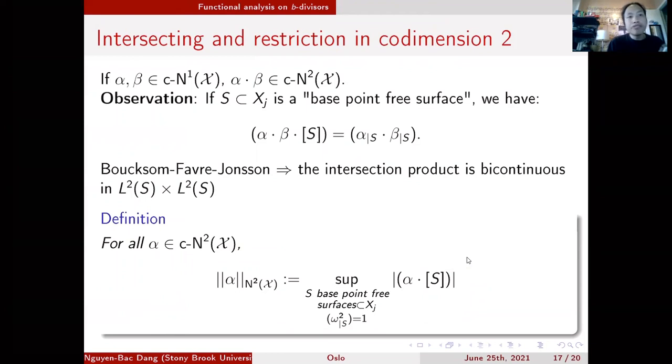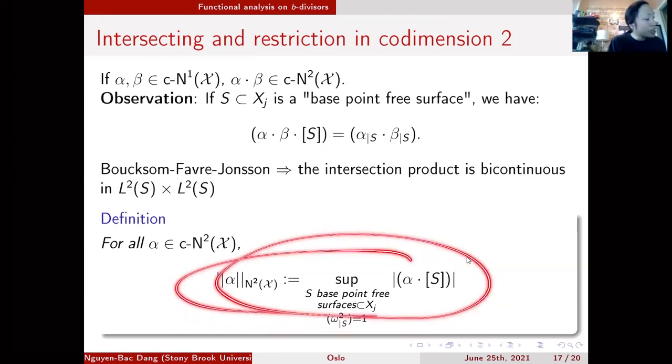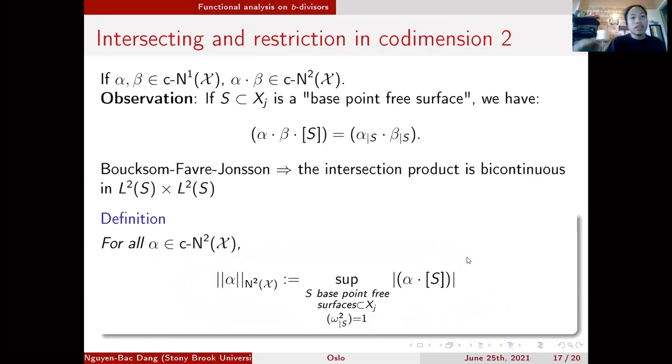So you can define a lot of norms, and the main issue will be to check that you can say something about the eigenvectors and the eigenvalues. And we did the same: there's the same definition in arbitrary codimension of this norm.